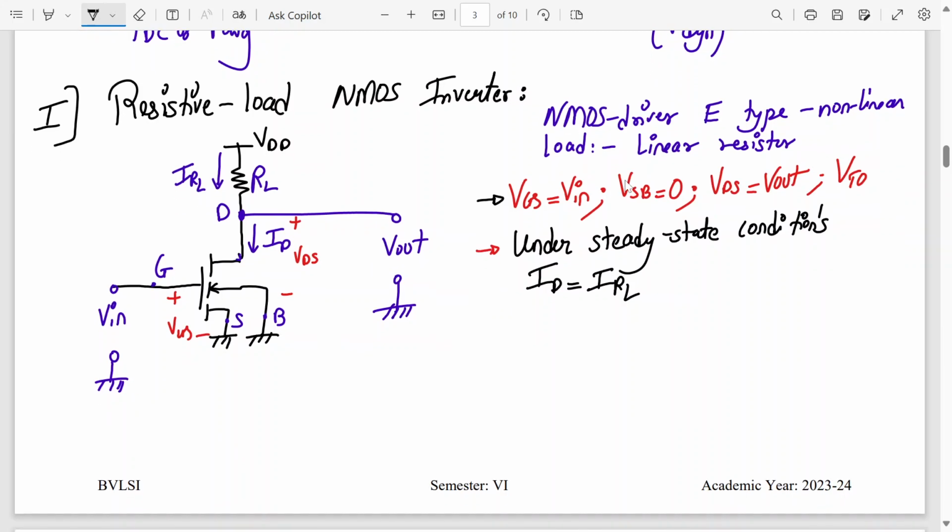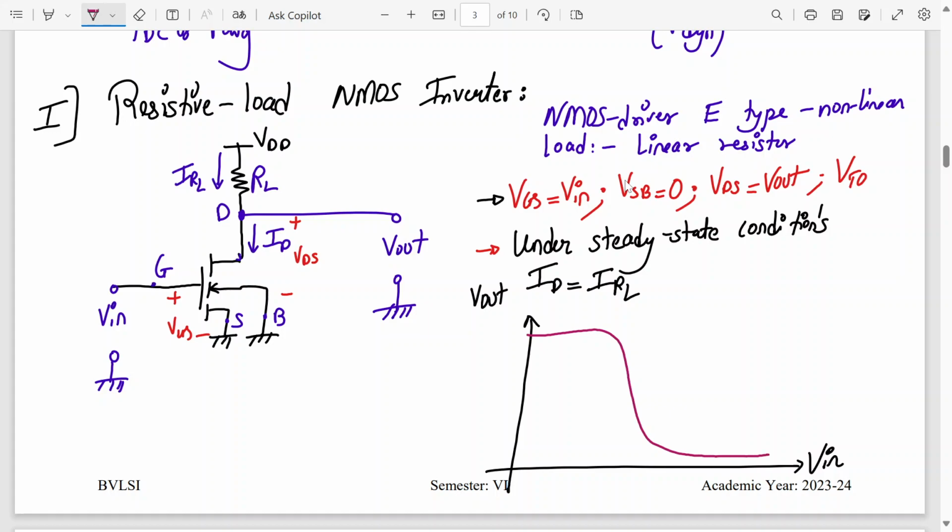Now let's draw the VTC curve for resistive load. The VTC curve will look like this. It will not go to 0. So VOL is non-zero, this is VOH. This point is VIL and this point is VIH.